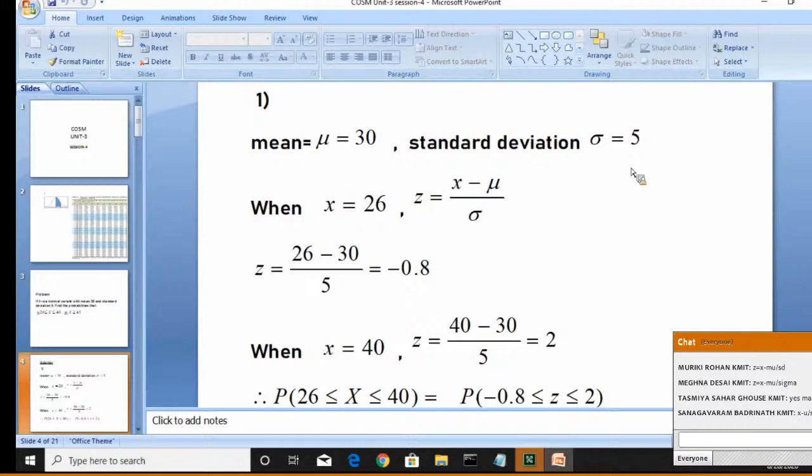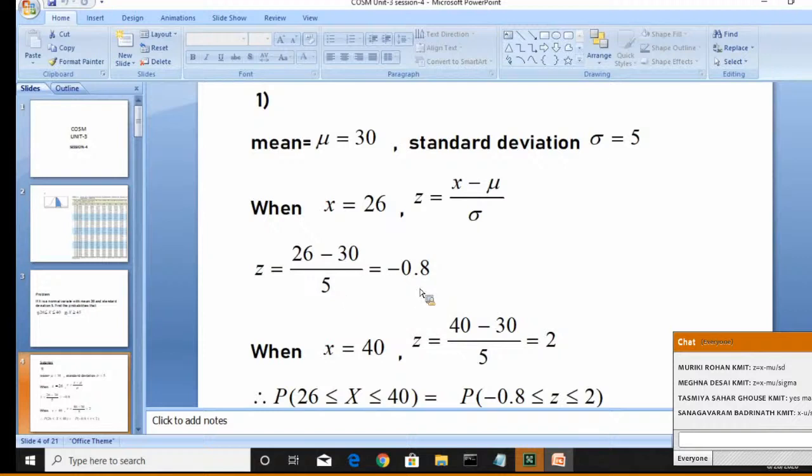Now they are asking for the probability of 26 less than or equal to x less than or equal to 40. You have to write, then only you can understand. When x is equal to 26, our substitution z equal to x minus mu by sigma. So in place of x I am substituting 26, 26 minus 30 by sigma 5.